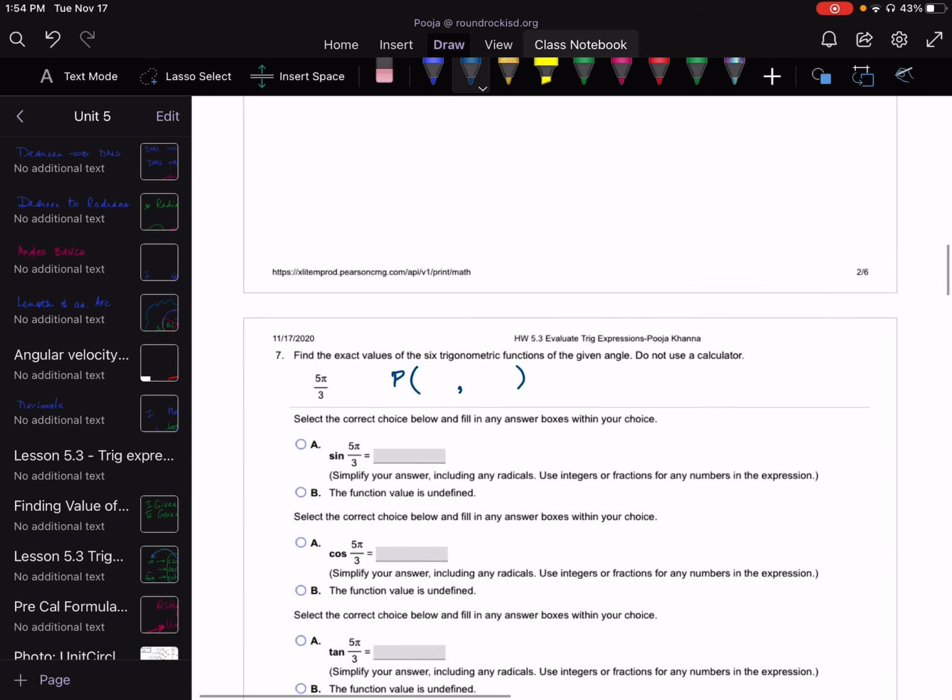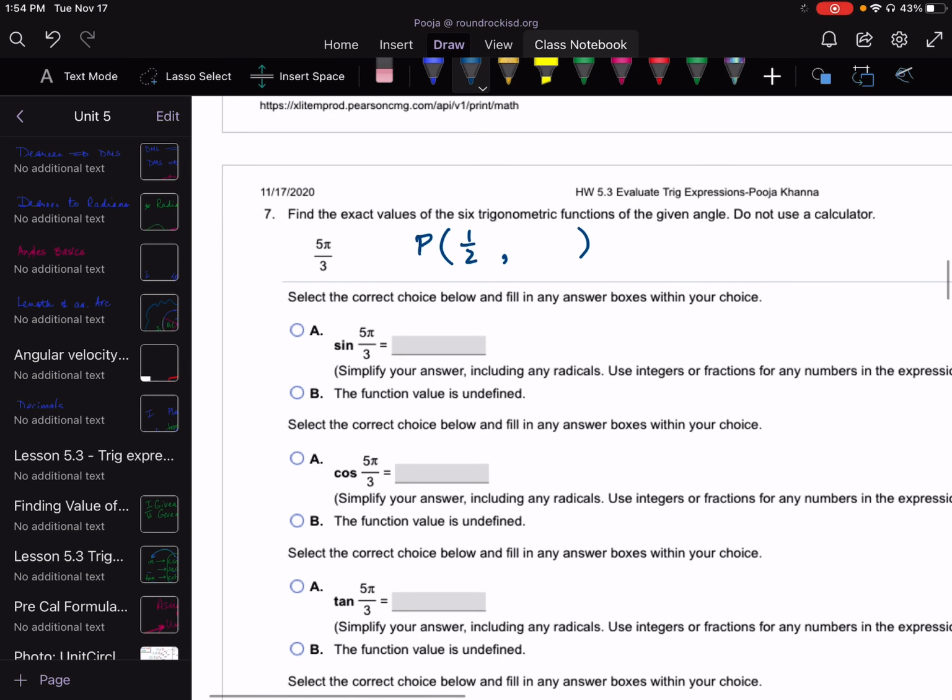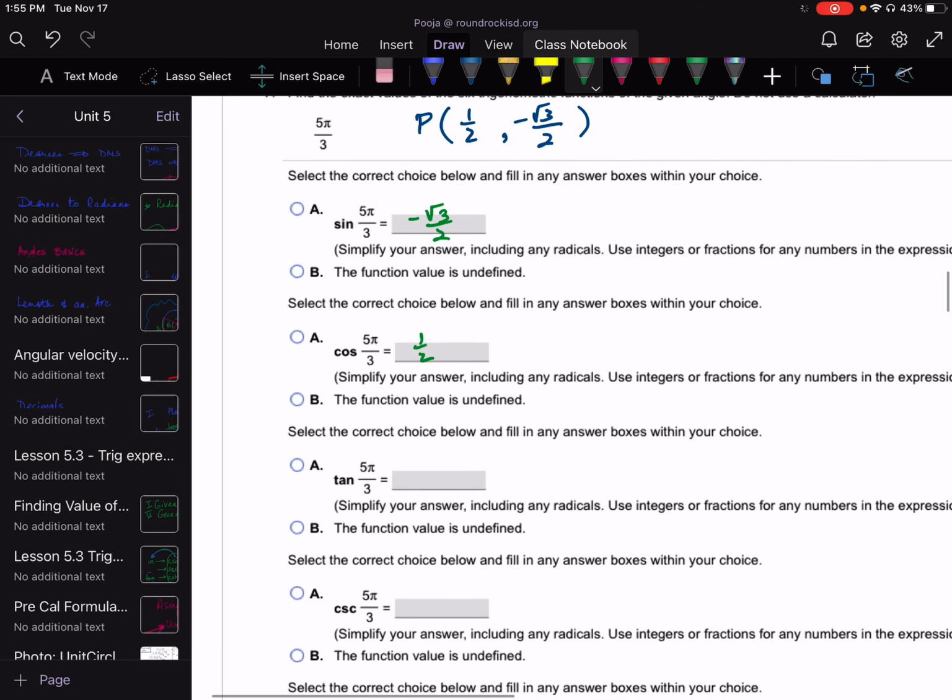So the sine value is directly the y value. Cosine is directly the x value. Tangent is y over x, so negative root 3 over 2 over half. The half and the half will cancel, so that's negative root 3.